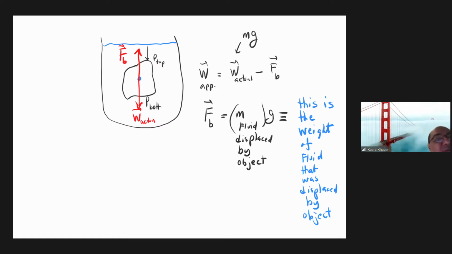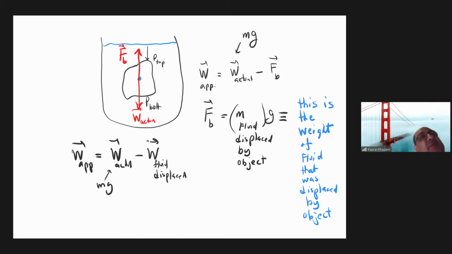So we can write this down as weight apparent is equal to weight actual, well, obviously this is mg, minus weight of fluid displaced.